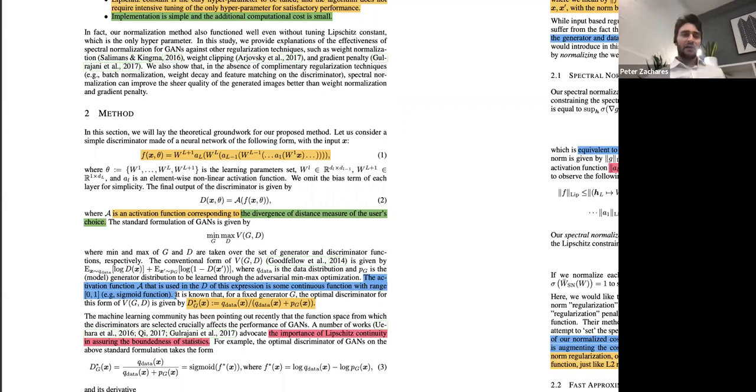But then I read farther down and they say the activation function mathcal A is just usually the sigmoid function, which makes sense. It's a binary classification of whether this is a real example or not. But if anyone has an explanation of why that last activation function, if it's a sigmoid function, is a divergence or distance measure, I'd be interested.